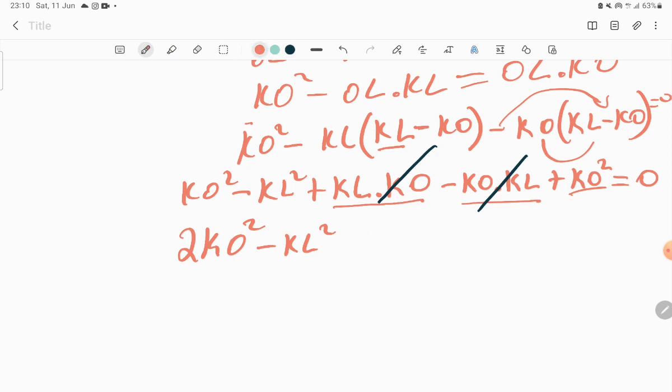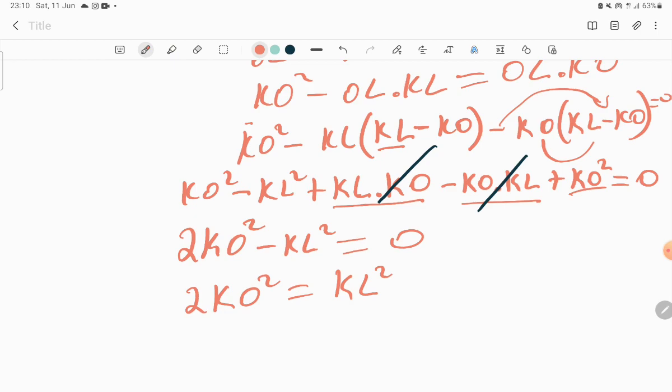Then the answer becomes just 0 on that side. Then we can say we have 2KO squared is equal to KL squared, just taking this one to the other side so that it changes the sign.